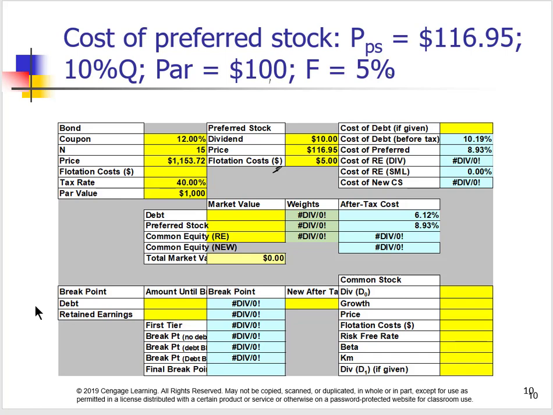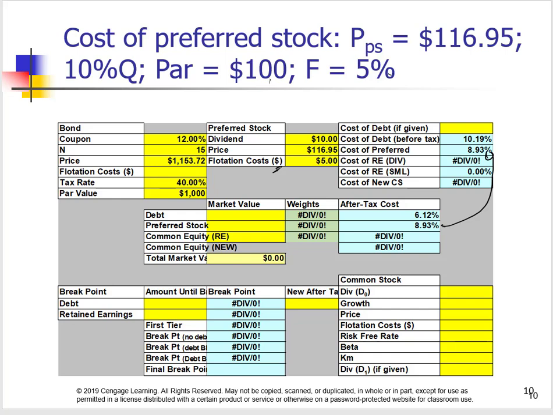So what is the before-tax cost of preferred stock? 8.93%. And of course, the after-tax is equal to the before-tax because there's no tax influence on preferred stock dividends. Again, dividends, just like common stock dividends, are not taxable. They're not deductible from taxes.